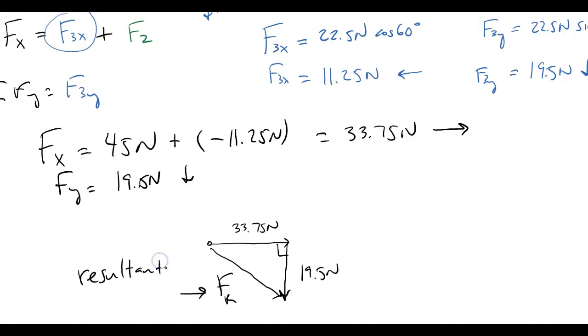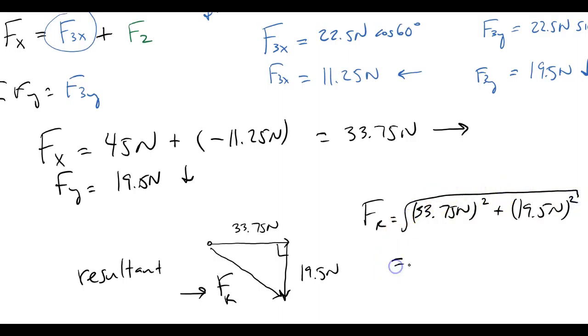Resultant. So Fr is the x part, 33.75 newtons squared plus 19.5 newtons squared, square rooted. And if I do that real quick, 33.75 squared plus 19.5 squared, enter.